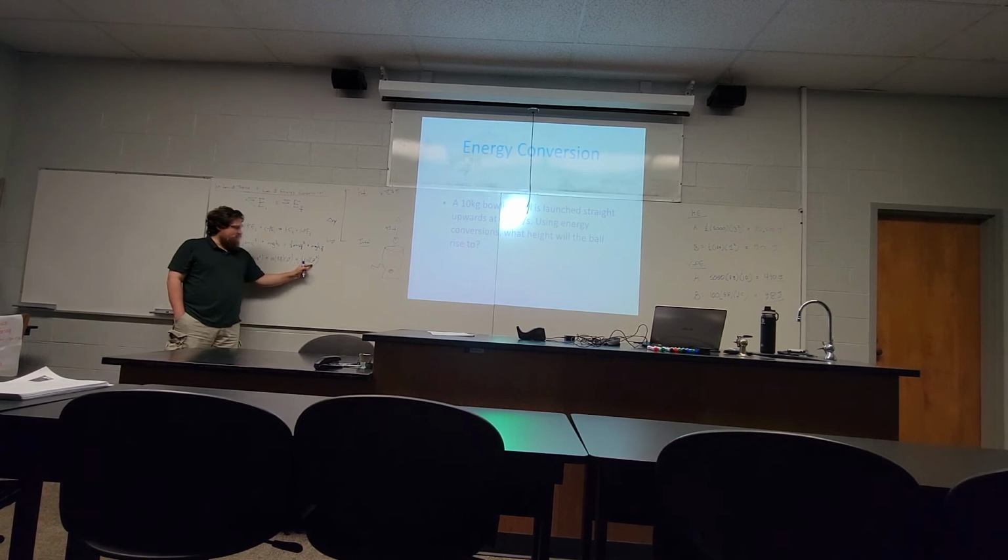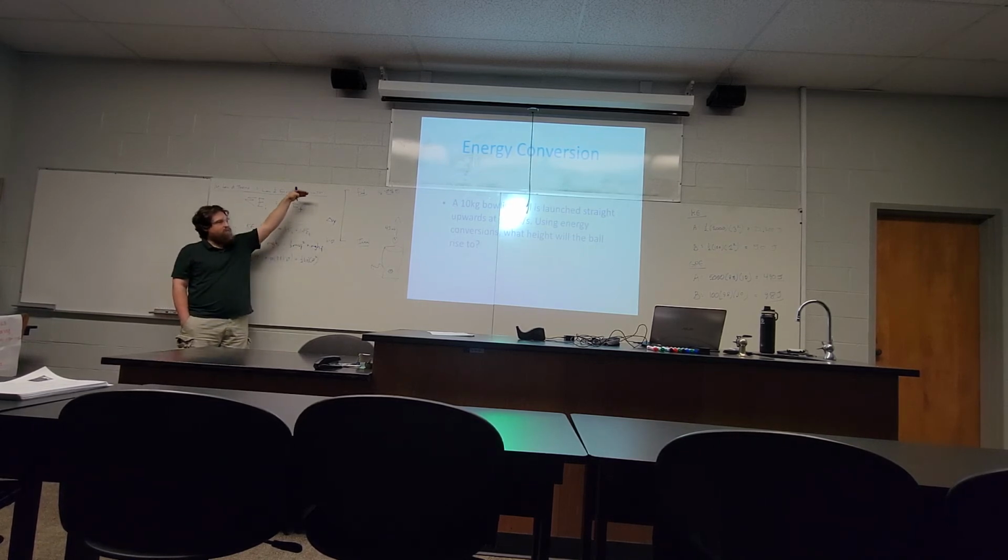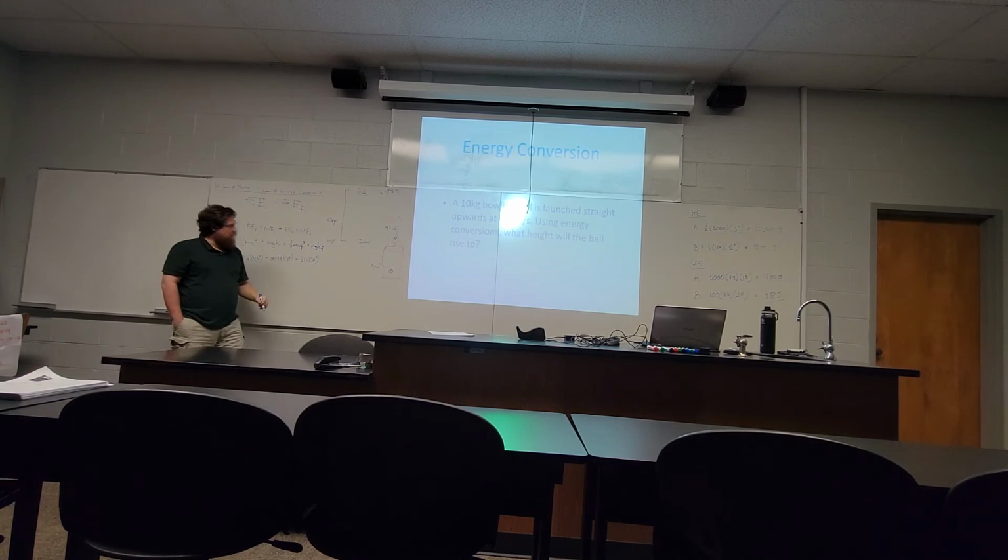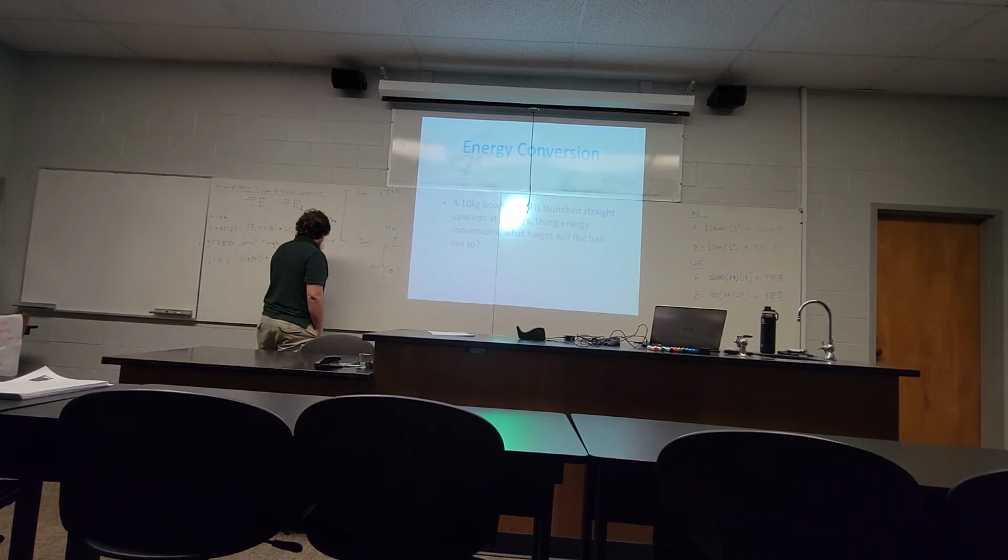So at this maximum point, it doesn't have any kinetic energy. Instead, all that energy has transformed into GPE, which is the form it now has while it's up there. We don't know what that max height is, but we can solve for it.